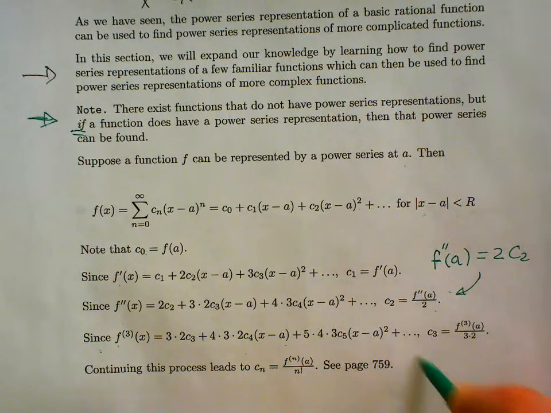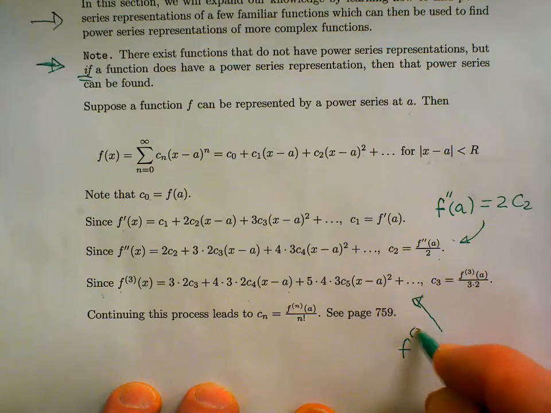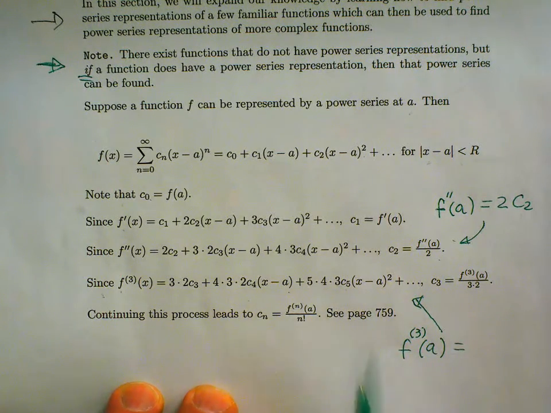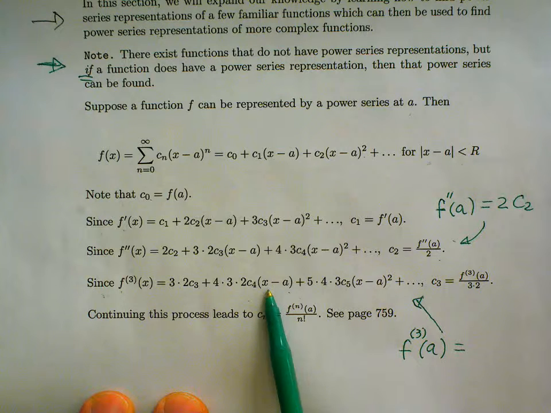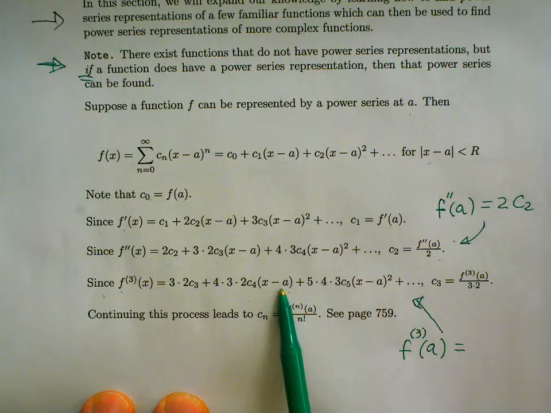So if we evaluate the third derivative of f at x equals a, there's only one term that isn't 0. All of the terms with the binomial x minus a are 0 when x is a.